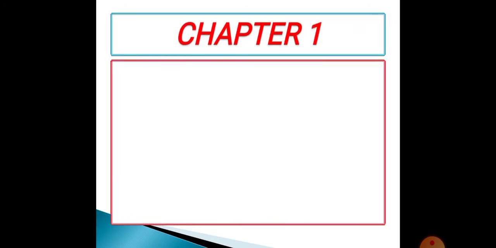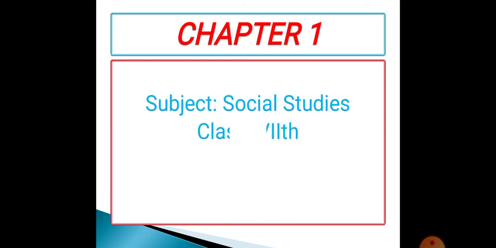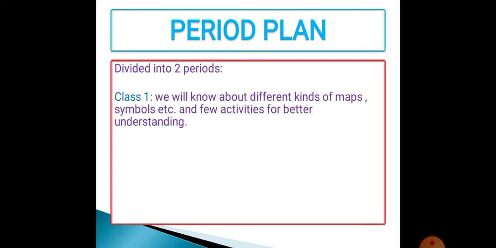Now, what do we learn? This is the first chapter in the 7th class textbook for the Telangana state government. I have divided this lesson into two period plans. In the first period plan, we will talk about different kinds of maps, the symbols that are used in maps, and a few activities for better understanding.